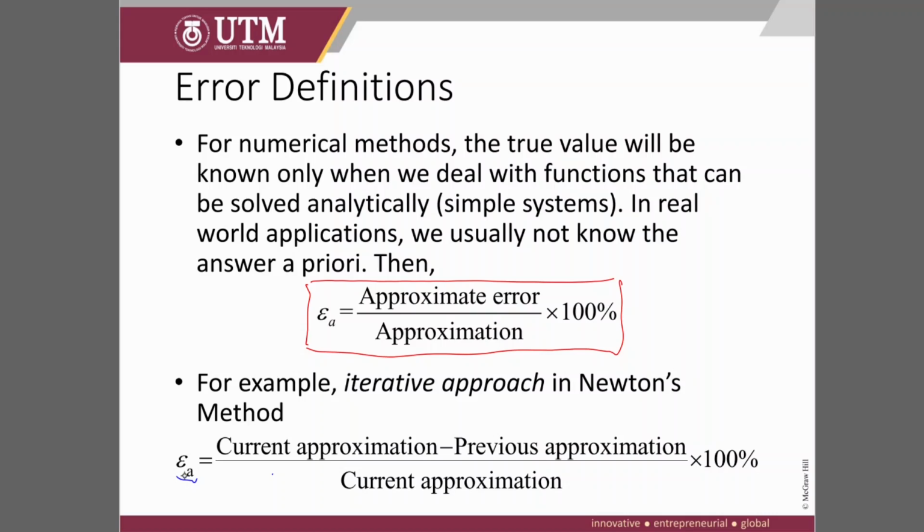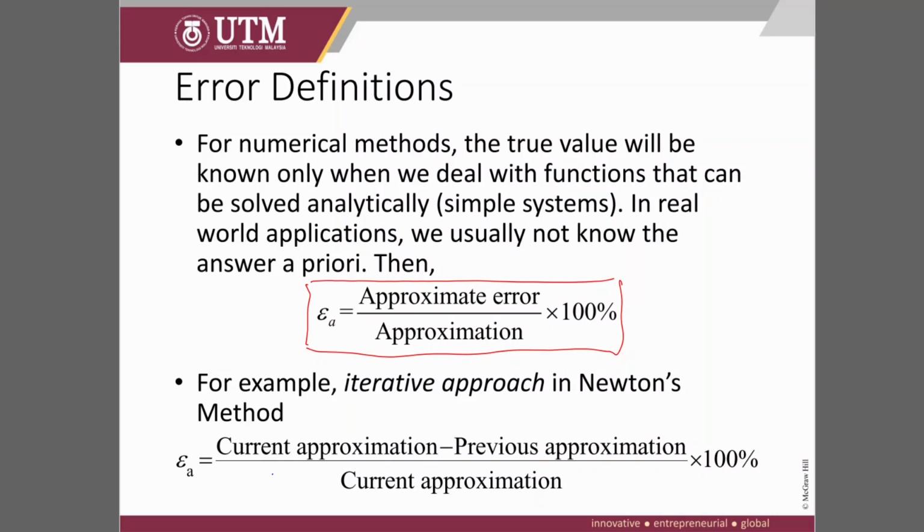Because we are doing this iterative calculation, the current approximation minus the previous approximation, everything divided by the current approximation, times 100, is the approximation error. Let's see how I implement this formula in my Excel.